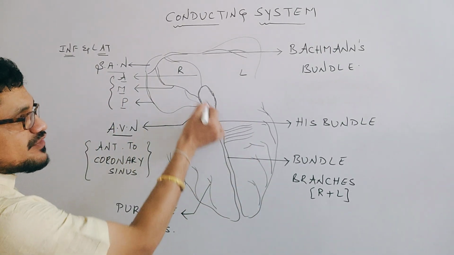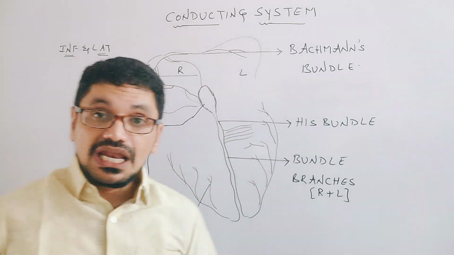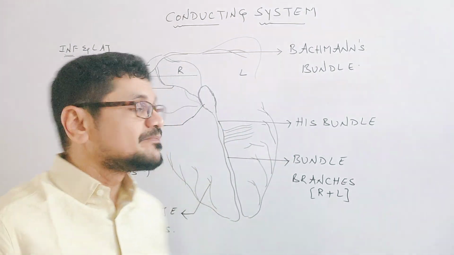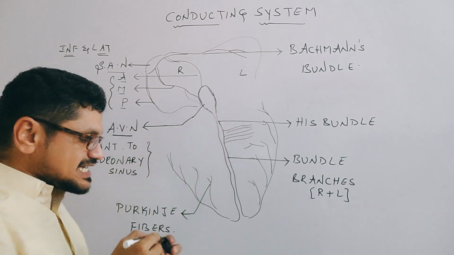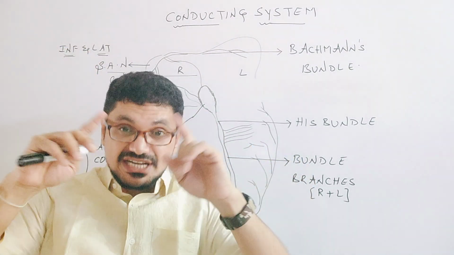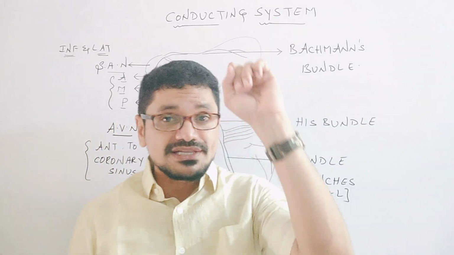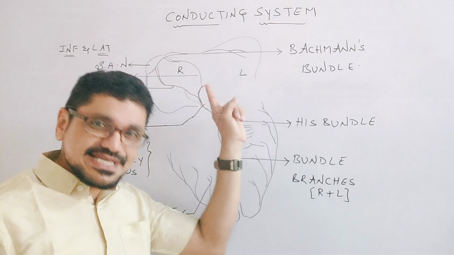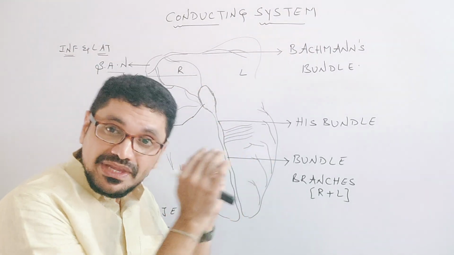And my dear friends, from this atrioventricular node comes the bundle of His. This AV bundle, or bundle of His, makes its way through the fibrous skeleton present between the atria and ventricles. This is the only place where the signals pass from atria to ventricles. Why? Because there is a fibrous skeleton between the atria and ventricles.